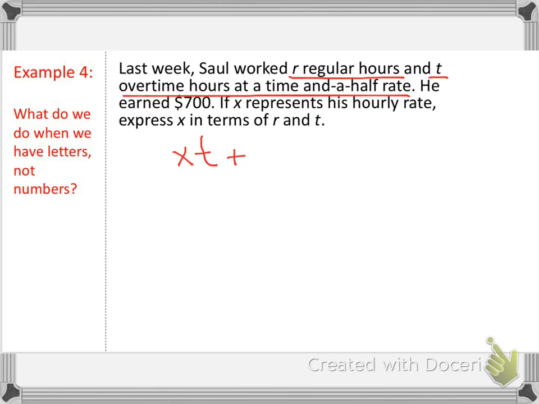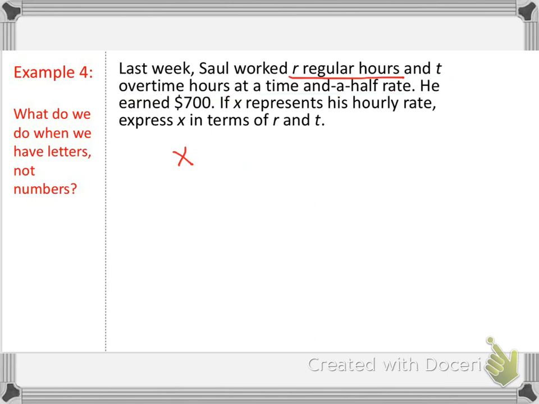So we're going to take R and multiply it by T. So we got regular hours times, okay, hold on, let me back up. Okay, so it's X times T. Let me back up a bit, guys.